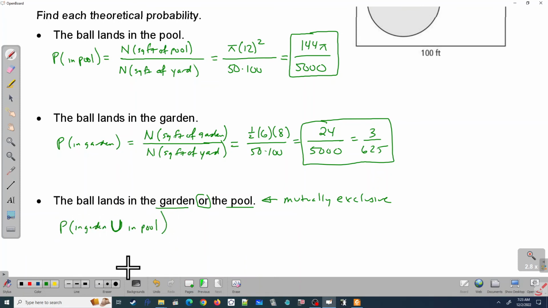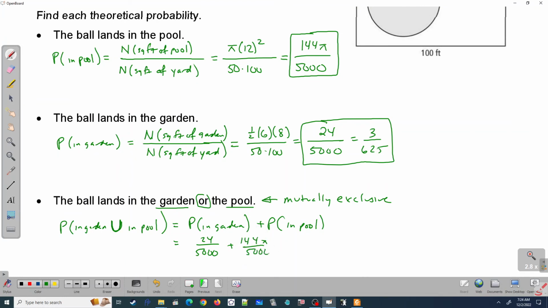No. I would simply add up the probability of in garden, which I'm going to keep as 24 over 5,000, and you'll see why I'm still keeping that number. Then I'm going to add it to the probability of in pool, which in this case is 144 pi over 5,000.